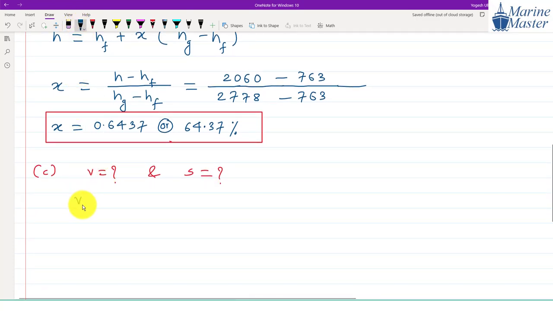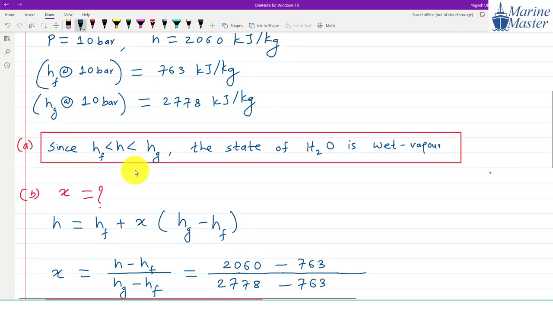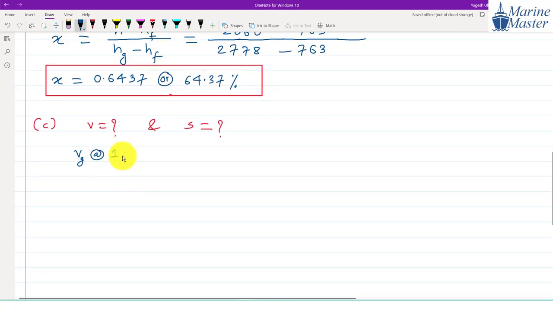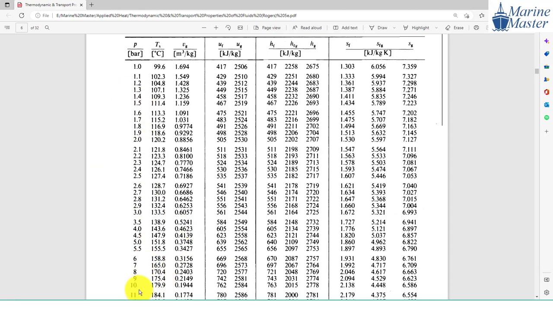For that purpose, first of all we will go to the property table and find Vg at what pressure? Vg at 10 bar. Everyone go to the property table. Go to the third table. See this one, this is the column of Vg, and corresponding to pressure 10 bar, you will get 0.1944.